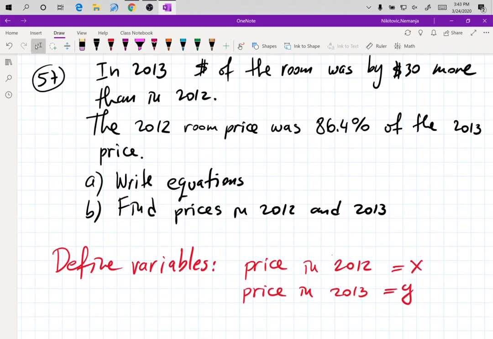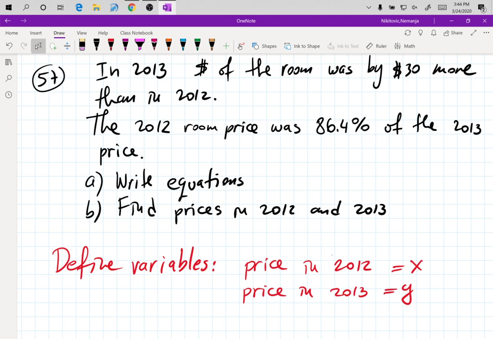We have to start somewhere, and defining our variables is extremely important. So we define a variable, and then we go on and deal with the rest. So let's first read this problem again, so we can write the equations.